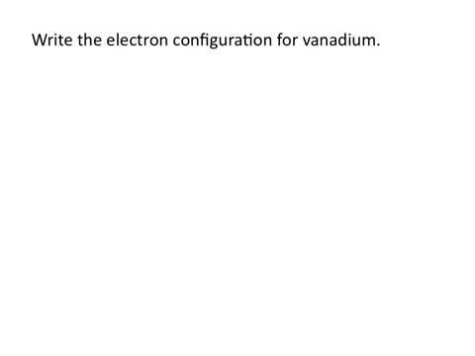So if we were to write the electron configuration for vanadium, vanadium has 23 electrons. I'm going to write this electron configuration directly in the abbreviated method.